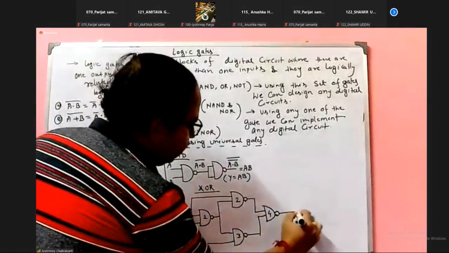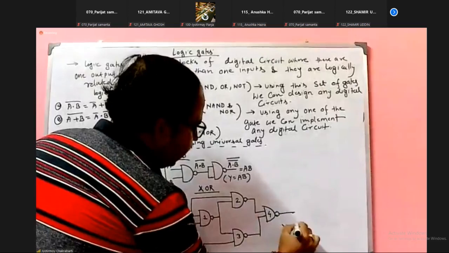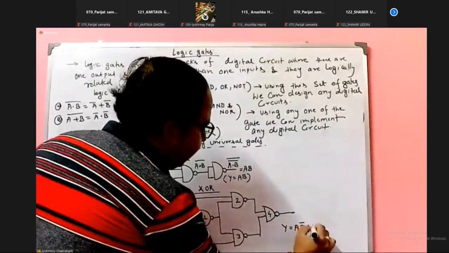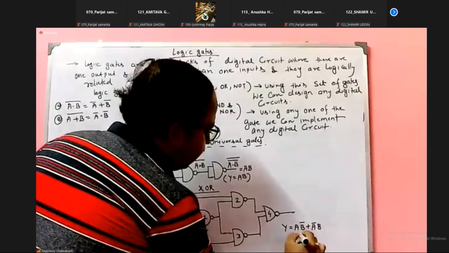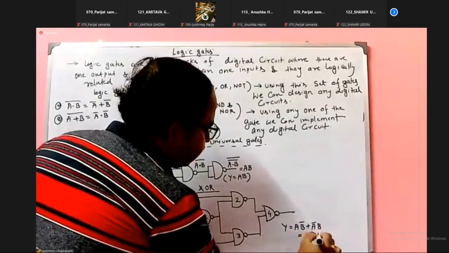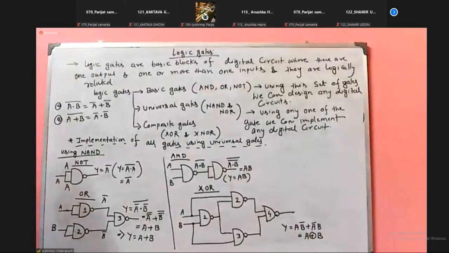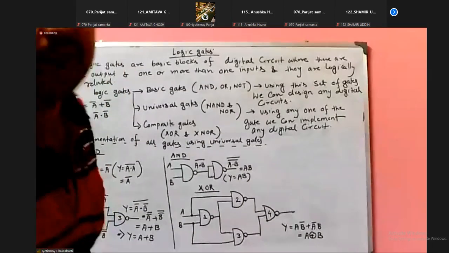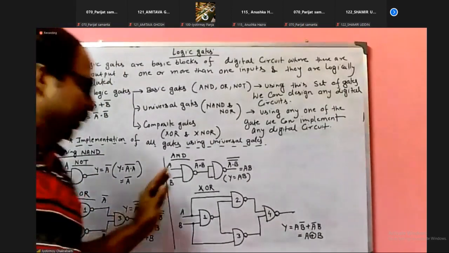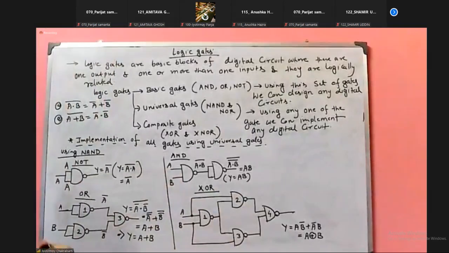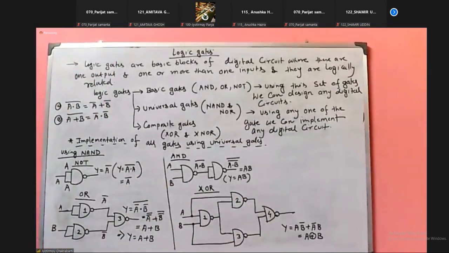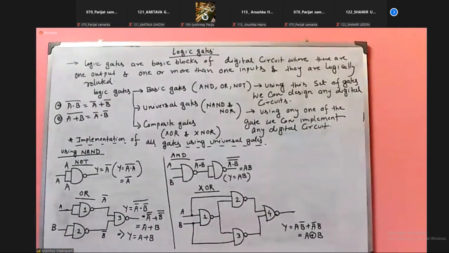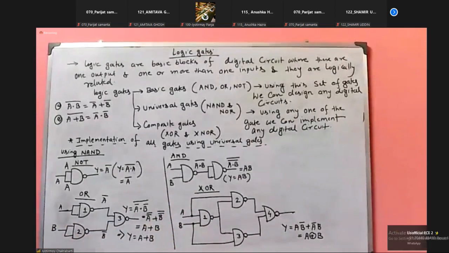This gate will produce A B bar plus A bar B, that is equal to A XOR B. This is the XOR gate implementation using the minimum number of NAND gates. Okay. This one is maybe a bit difficult, but other ones are very easy.